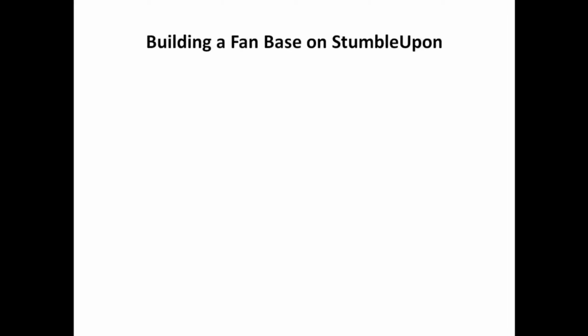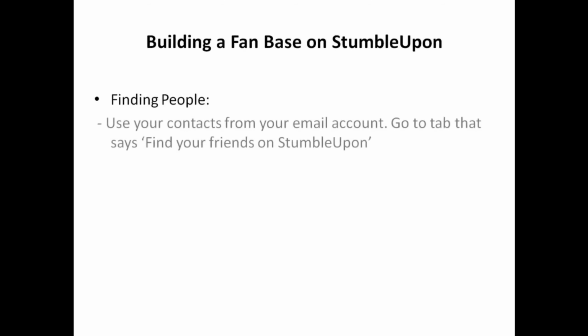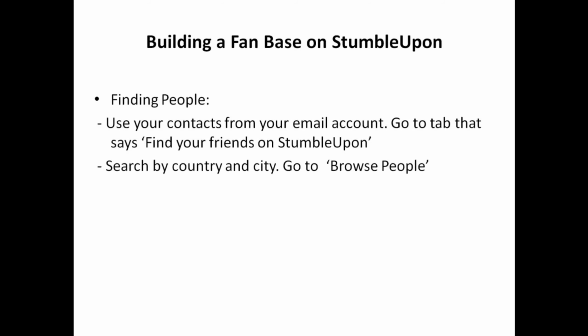Building a fan base on StumbleUpon. To find people, you need to use your contacts from your email account. You can go to that tab in StumbleUpon where it says Find Your Friends on StumbleUpon. You can also search for people by country and city. To do that, go to Browse People.